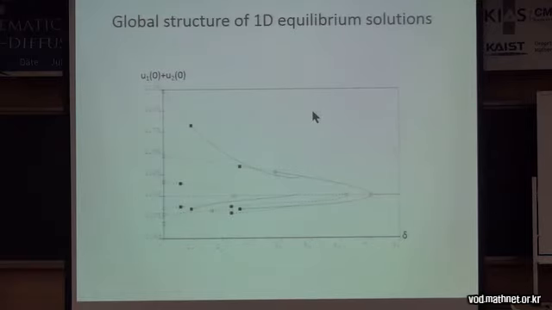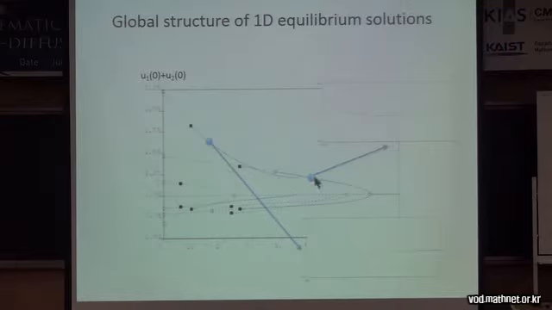This is a very complicated bifurcation structure. This is a numerical picture of the bifurcation diagram with respect to delta. Here, if delta is rather large, then only the constant state is stable. But when delta becomes a little smaller, some patterns appear like this.